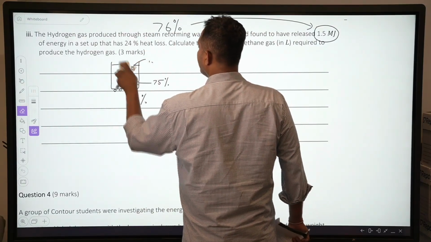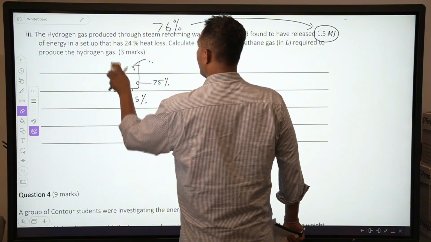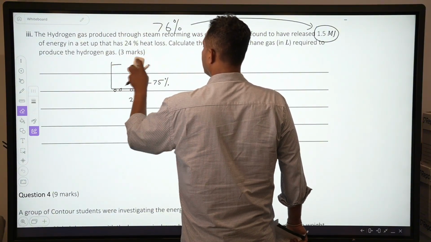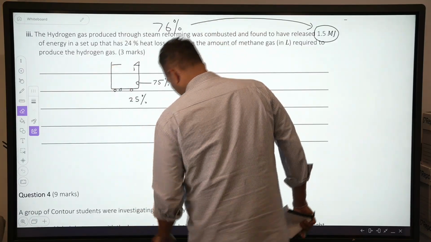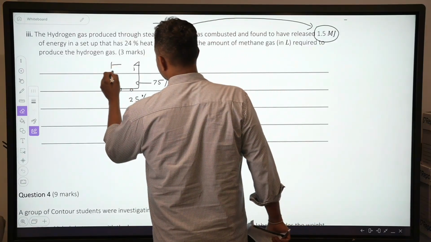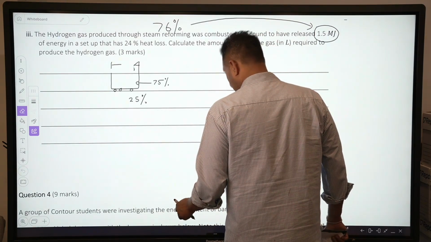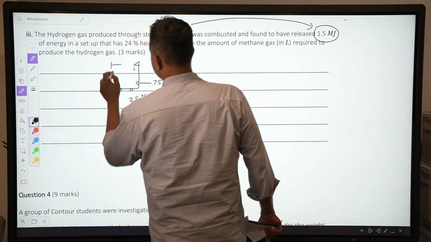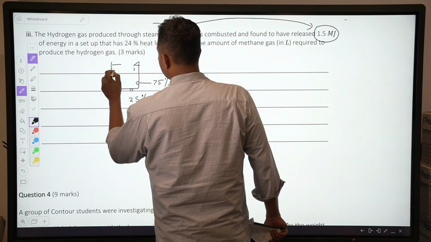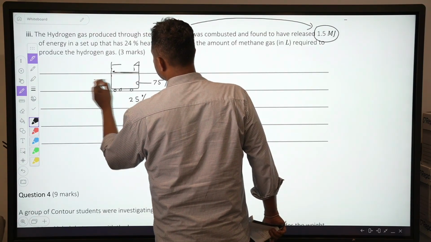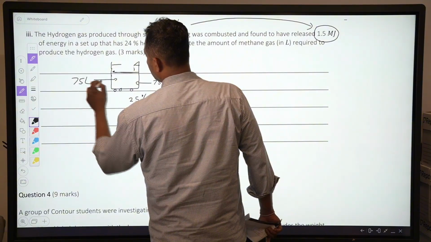At one point you will see that there is 75 liters in the bucket. At this point, you have 75 liters of water at one particular point.